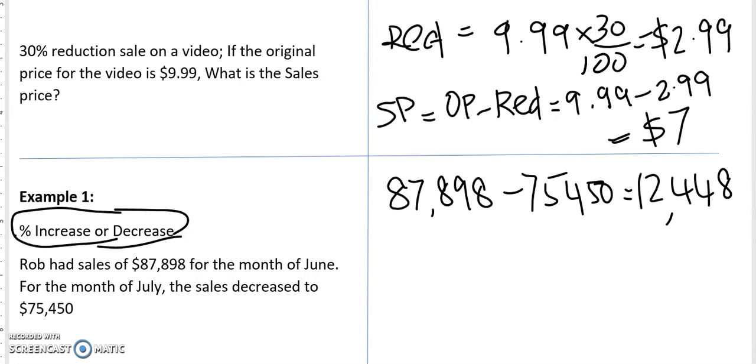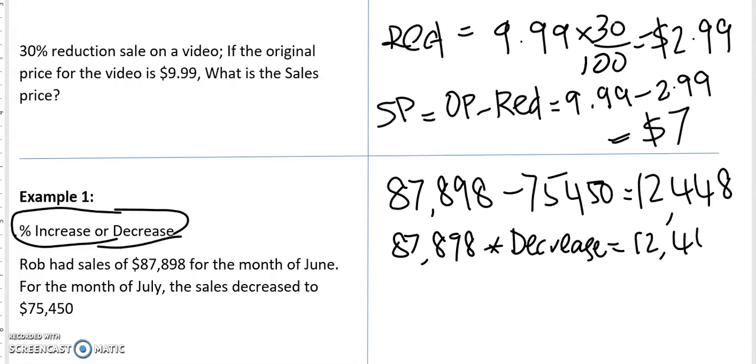Now let's set up the equation. 87,898 times the decrease is equal to 12,448. So what is the decrease?